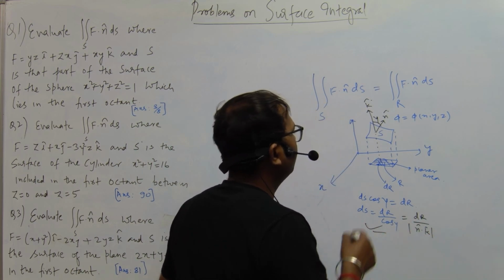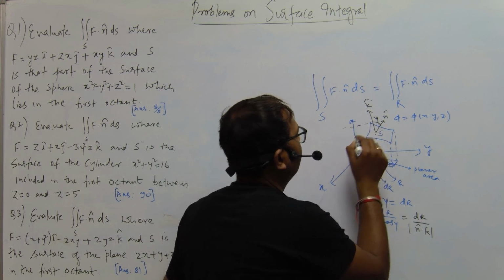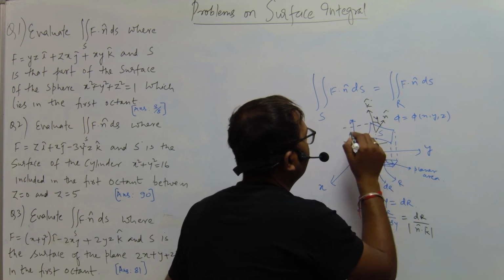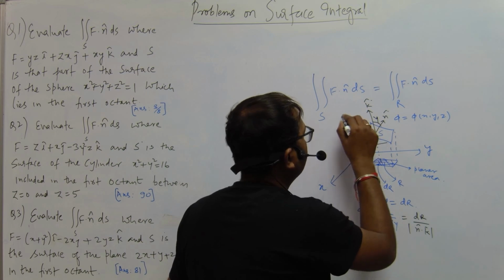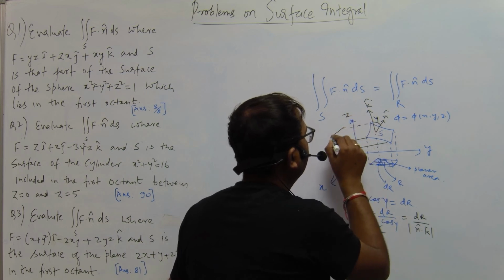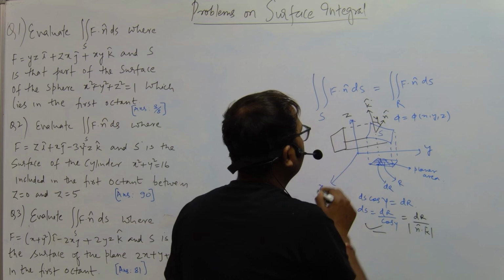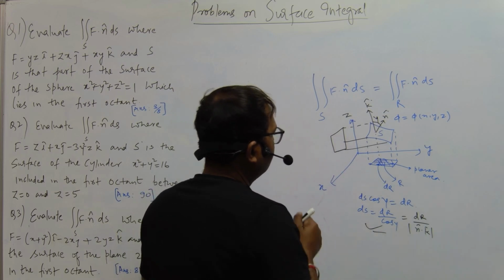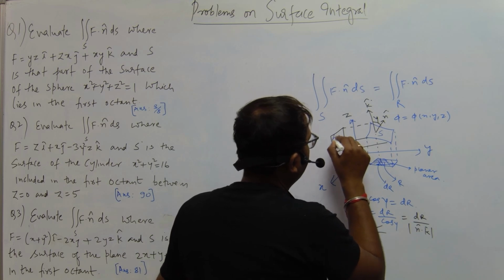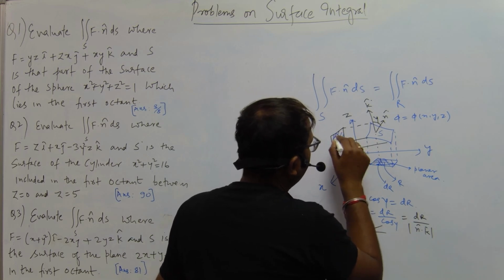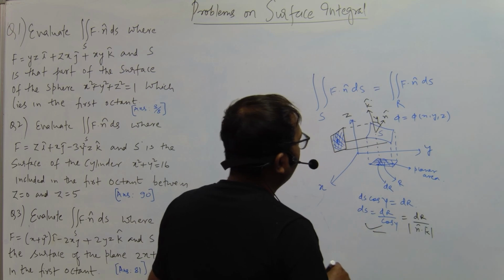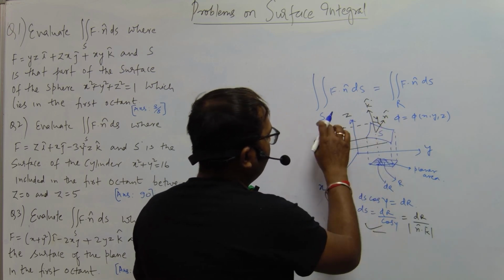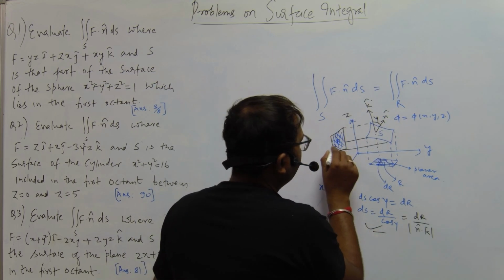Similarly, if we take the projection of this surface on the xz plane, this will also give a planar area. Suppose this is our region R dash, the projection of the surface S on the xz plane. How can we find this?